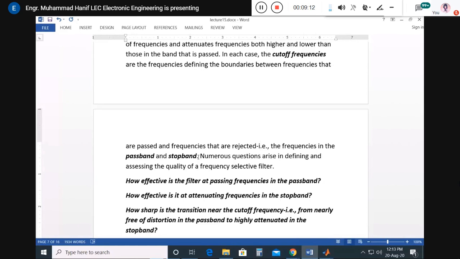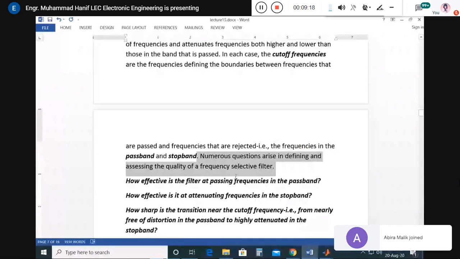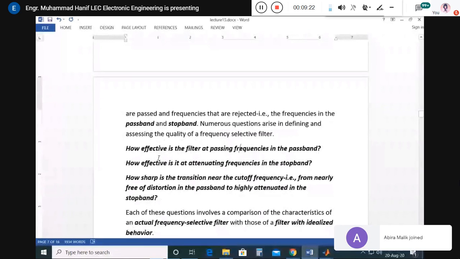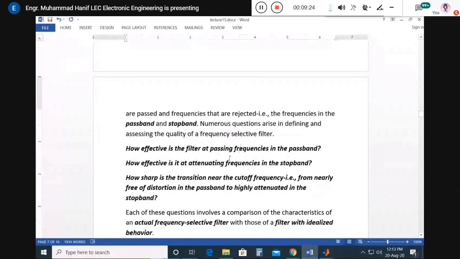So here we say that multiple questions arise in defining and assessing the quality of a frequency selective filter. So how do we assess the quality? First question is, how effective is the filter at passing frequencies in the pass band? Means जो आप इसको pass band कह रहे हैं, उसमें जो frequencies pass हो रही हैं उनके amplitudes क्या हैं?